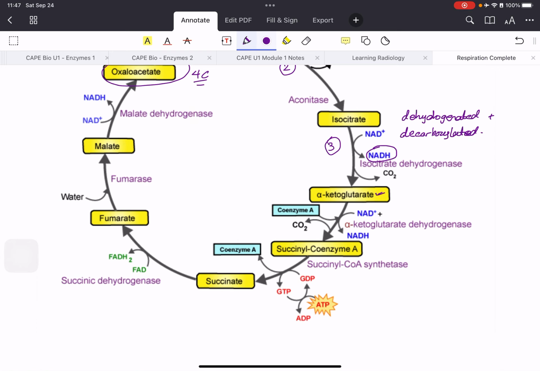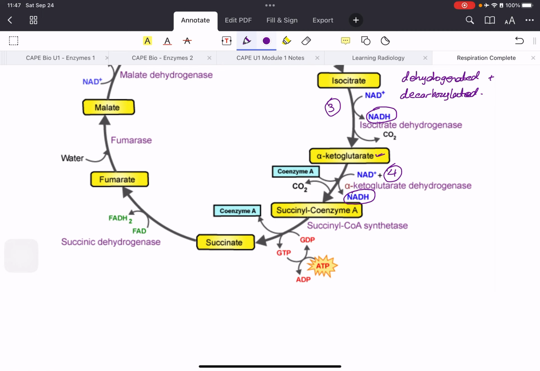Alpha ketoglutarate down here actually undergoes more decarboxylation. So this undergoes the same thing as in step 3. This is step 4. It's decarboxylated to succinyl coenzyme A, and every time we decarboxylate, we produce a NADH. So we like that. You will see why that's very important afterwards. Now succinyl coenzyme A in the 5th step forms succinate.